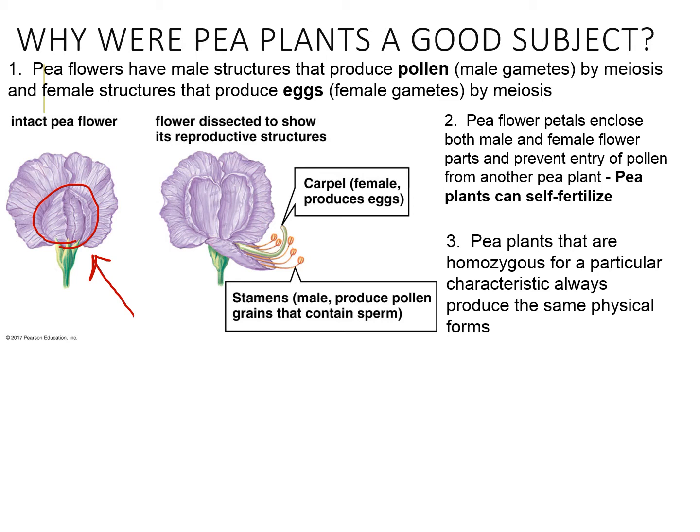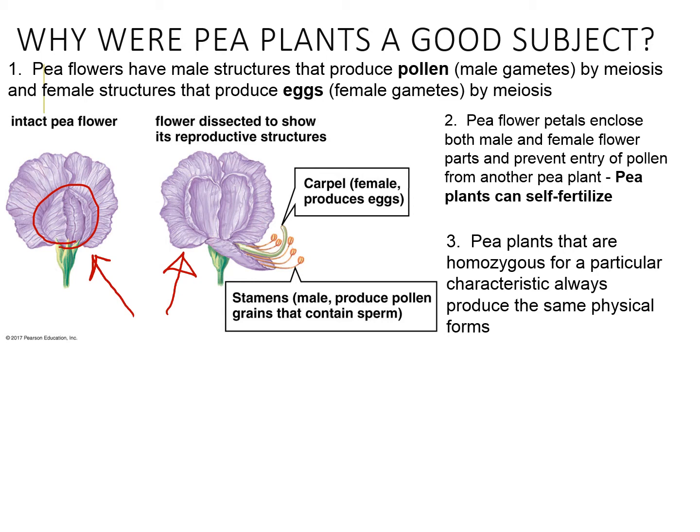Number three, pea plants that are homozygous for a particular characteristic always produce the same physical forms. So, for example, both of these are purple, and if this is a purebred or a homozygous purple plant, then it will only produce purple offspring. So that made it really easy to study what would happen, say, if he bred a purple plant with a white plant.